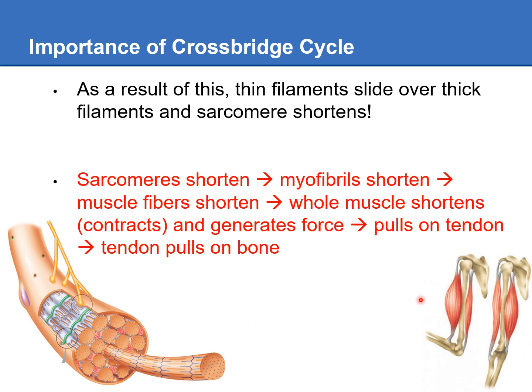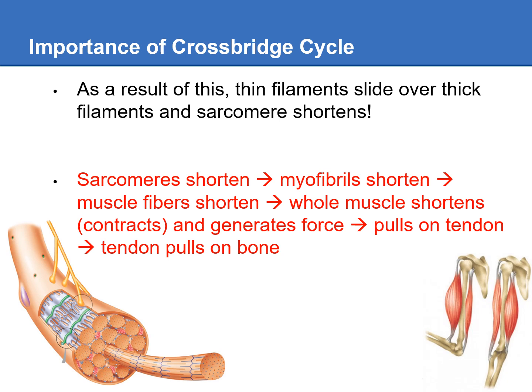And then remember that the whole muscle itself, all of those muscle fibers will be shortening, and when the muscle shortens, it will generate force, and that will pull on the tendon, which is attached to the bone, and that will allow you to move the limb, and then you can lift something, or whatever you're going to be doing with that.